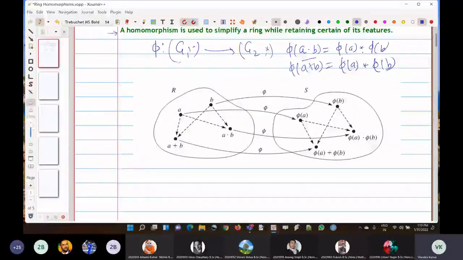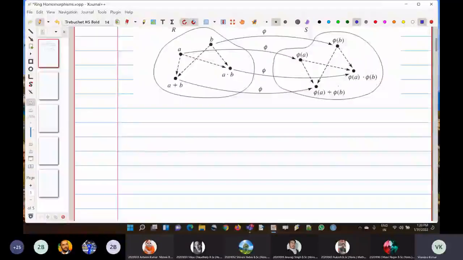Fine. So considering both the things, we can show it diagrammatically.